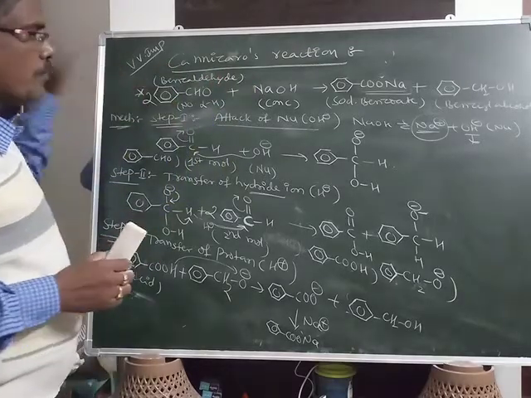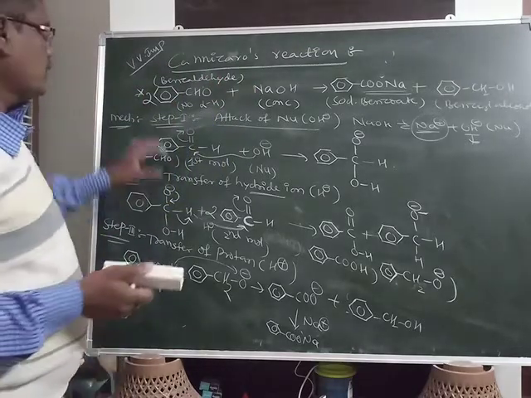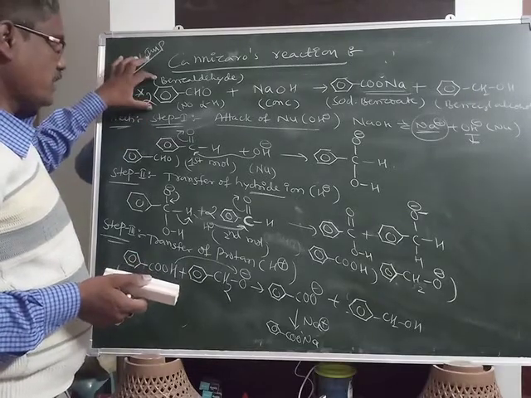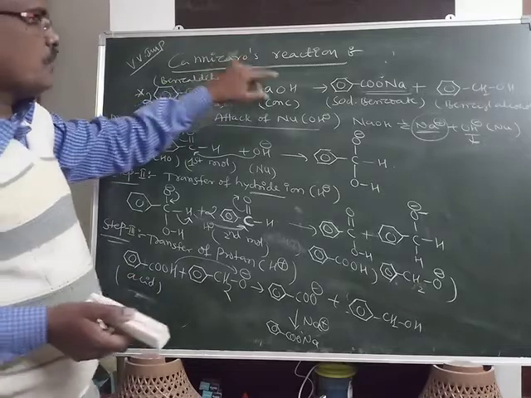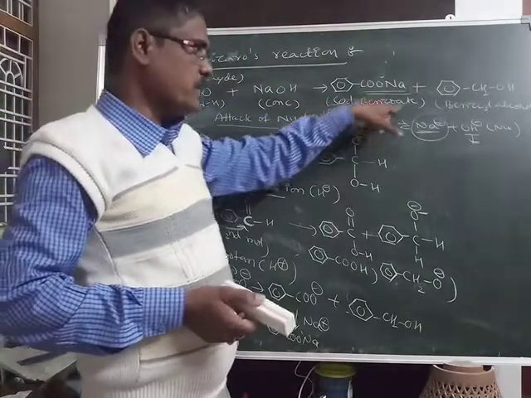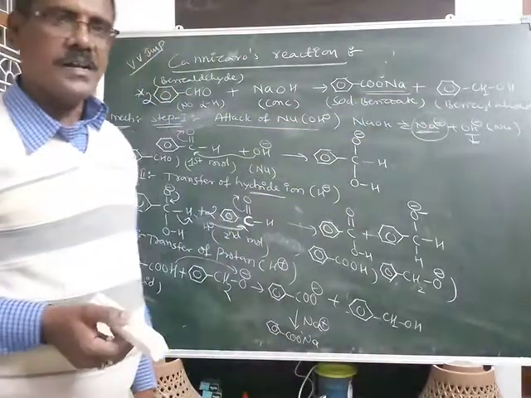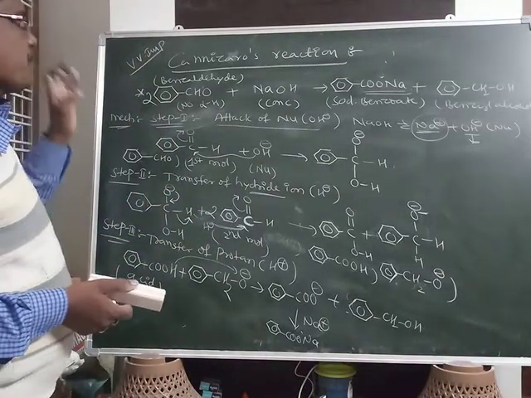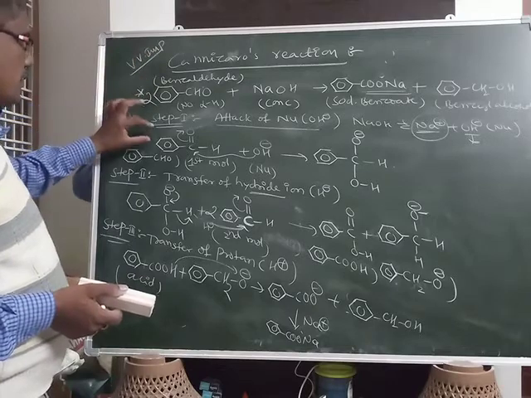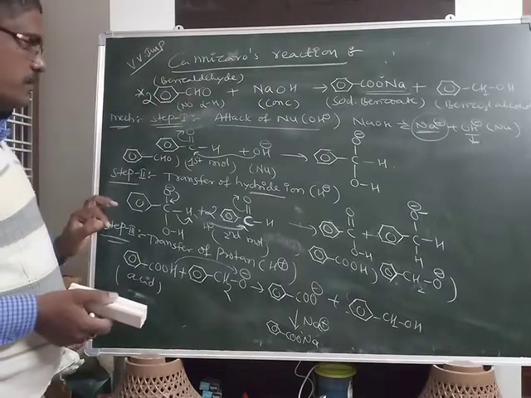Here, 2 molecules of benzaldehyde react with concentrated NaOH to form a mixture of sodium benzoate and benzyl alcohol. The mechanism is similar to that one only. First step only, attack of nucleophile.